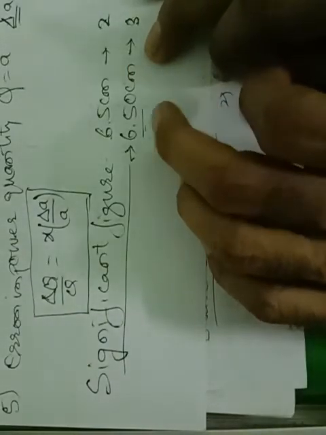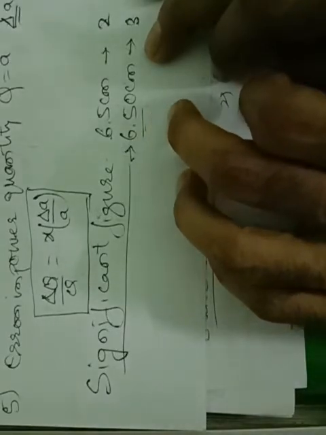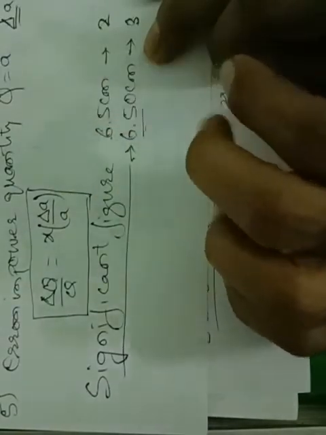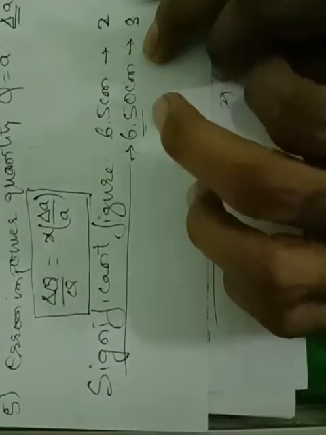So what does this mean? This means that significant figures are the digits required to express a physical quantity correctly.